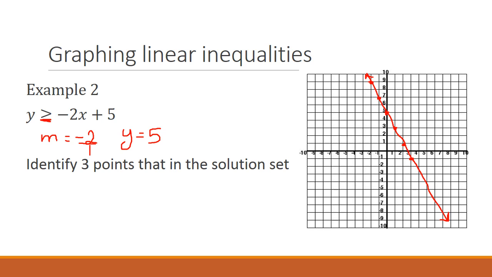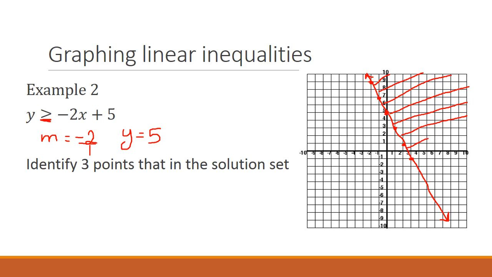So if I look at the y-intercept, I can see that all the y values that are greater than the y-intercept are right here. So that means all this area includes the solutions for this inequality.